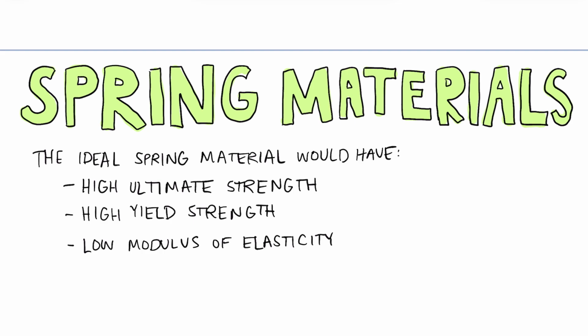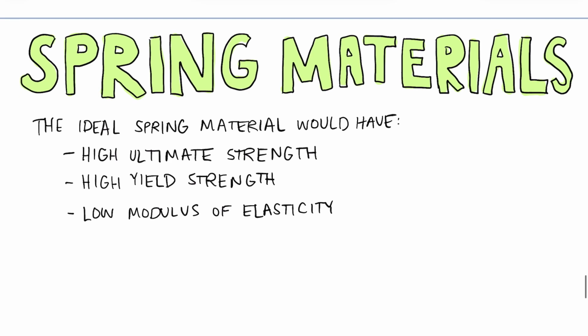A large variety are available to you as a designer, including plain carbon steels, alloy steels, corrosion-resistant steels. There's non-ferrous materials. And so you can take a look at Table 10-3 in Shigley for a description of some common types of spring materials.